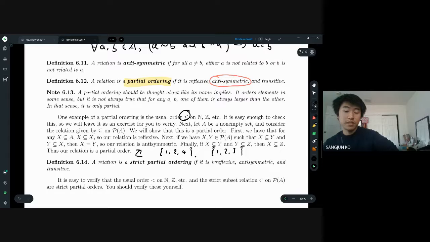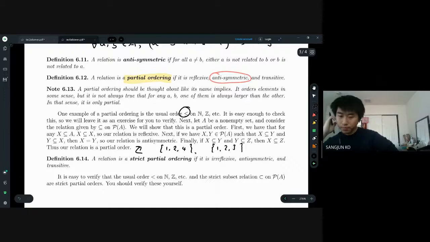Neither of these sets is a subset of the other, so there is no way to compare these two elements together. So it's not a total order, because it doesn't have the comparability property. But it is a partial order, like we said.